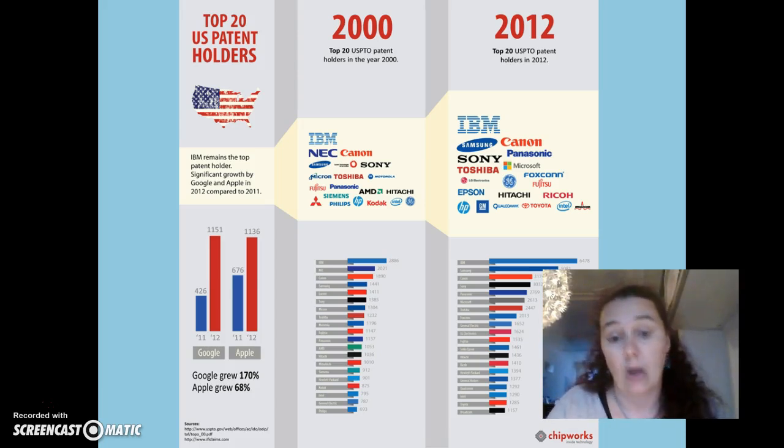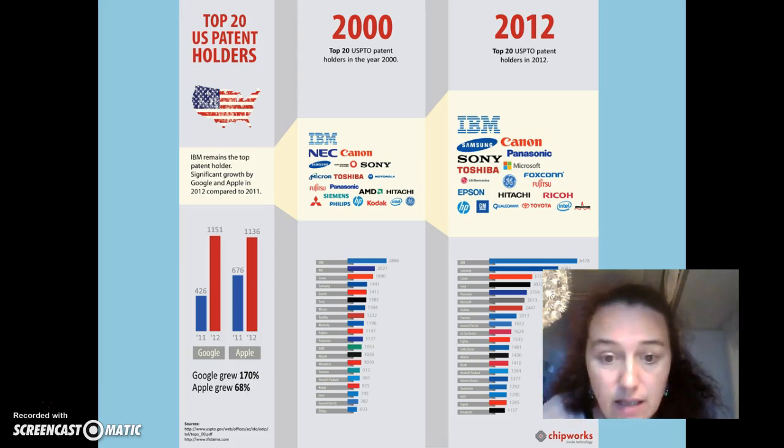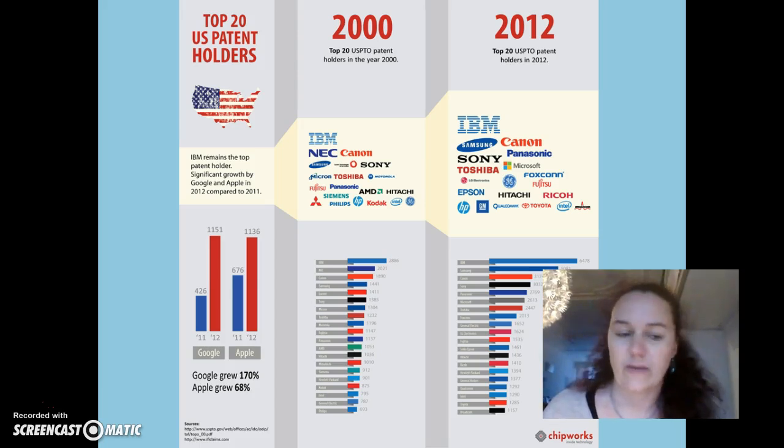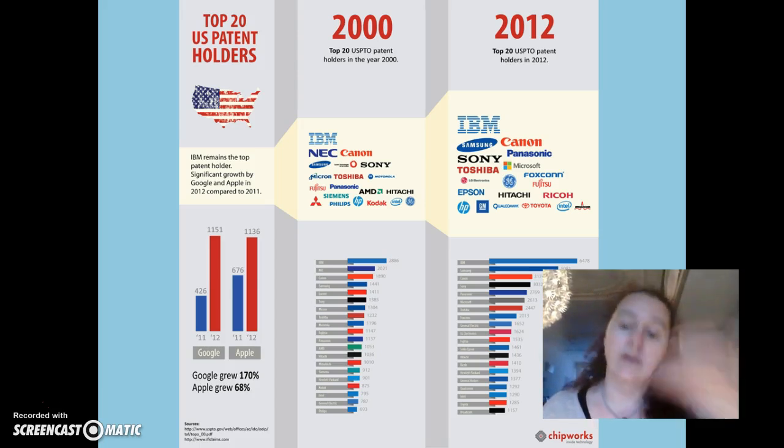You can see that the overall number of patents, from almost 3,000 for IBM to almost 6,500, has grown a lot over the years. I'm not going to talk a lot about patents, but if you want to know more about them, I have a lot of background knowledge, and I can tell you a lot more.